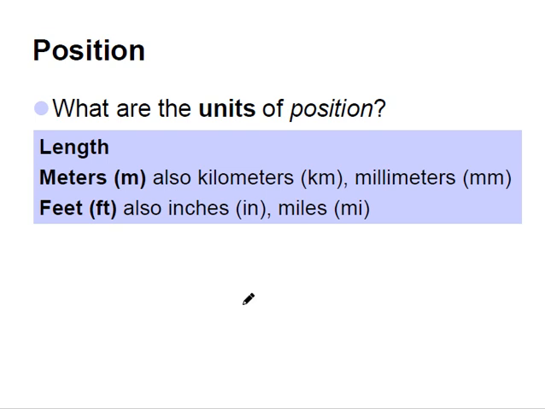So these are the units of position, and they are based on length, because we're dealing with the coordinate system, and you're studying the object in that coordinate system, which we call the defined space.